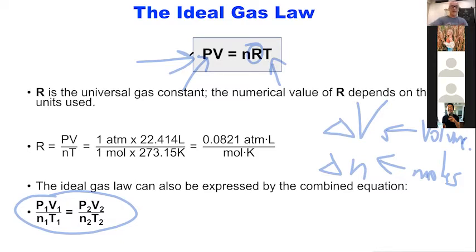So what we're looking at is V should be equal to NR if we plot moles versus volume. So the slope of that line should be R, okay?